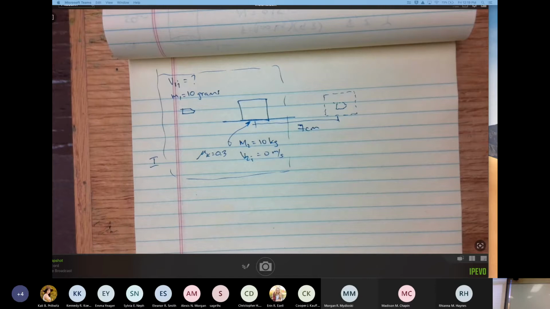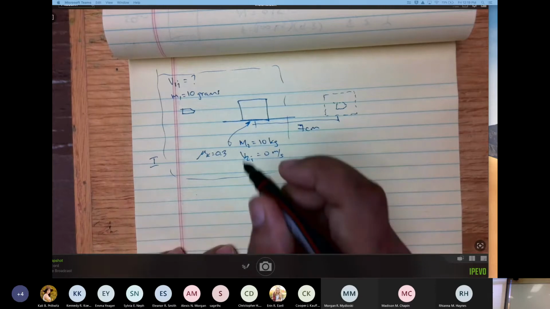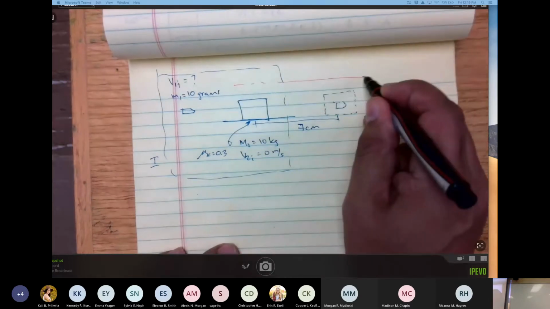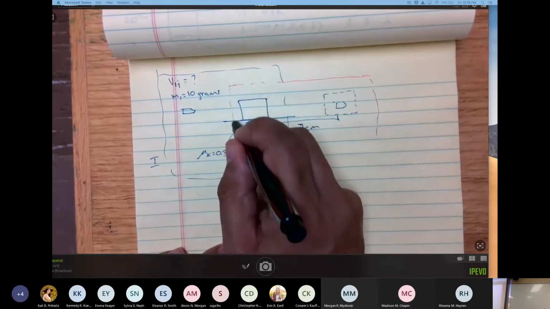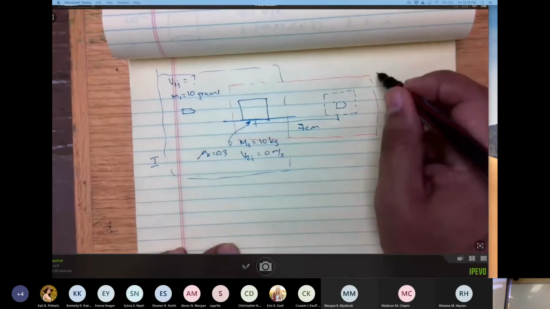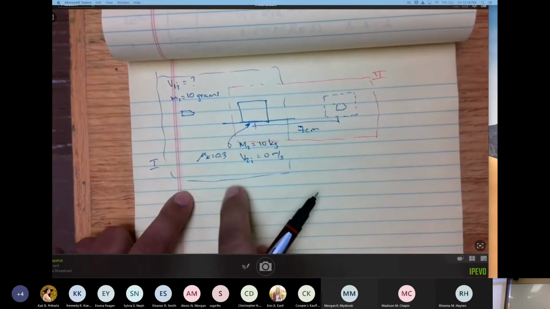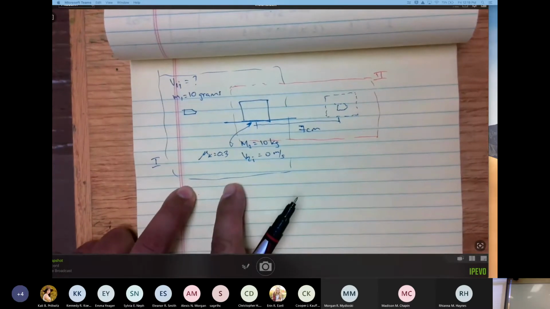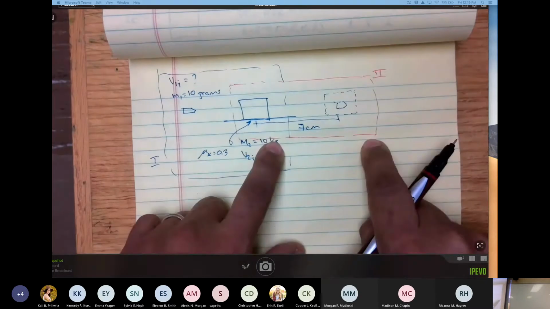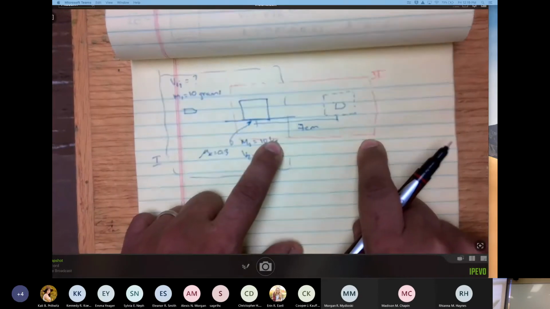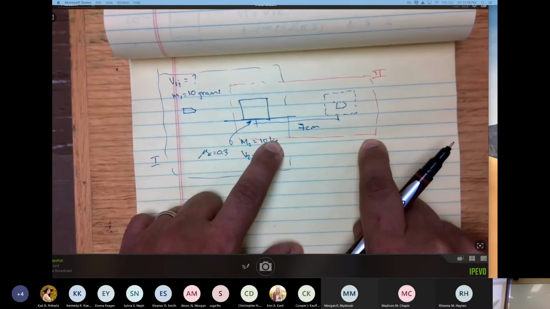So you can imagine that we're going to have a second problem over here. Part number one involves conservation of momentum. Part number two is just forces and accelerations, what we've been talking about since the beginning of the semester.